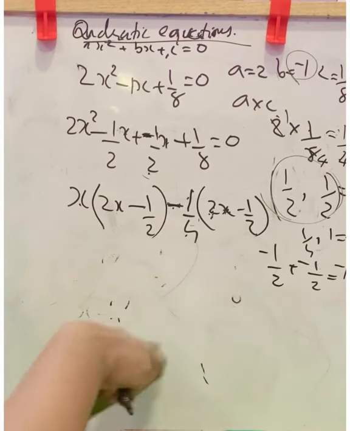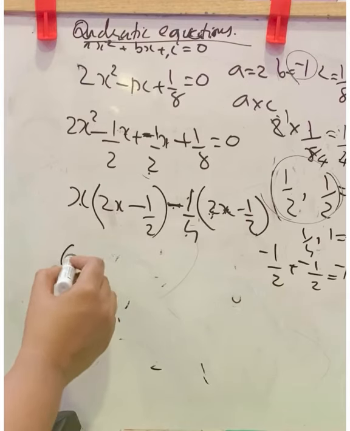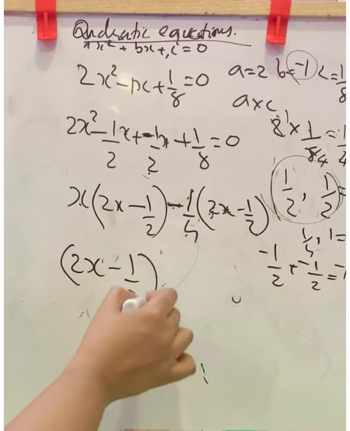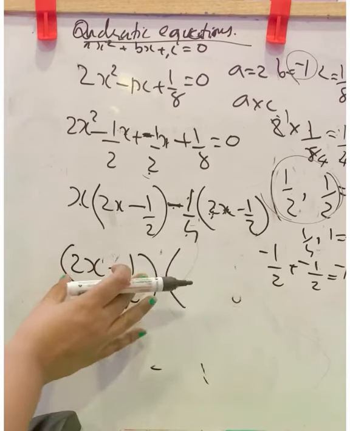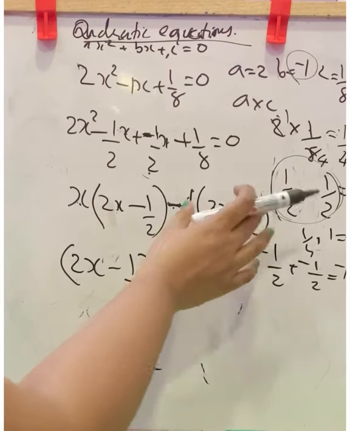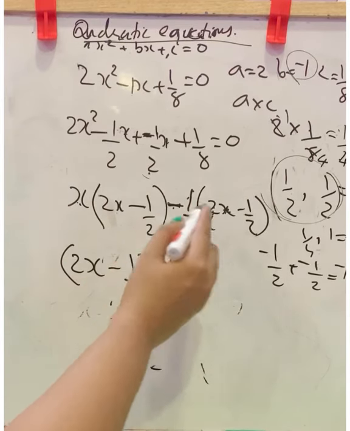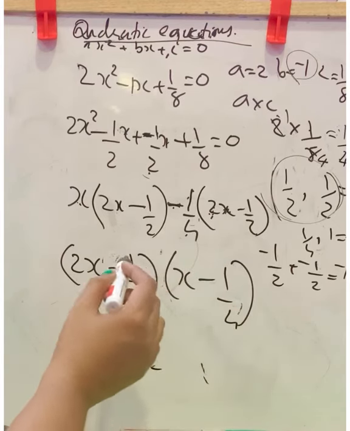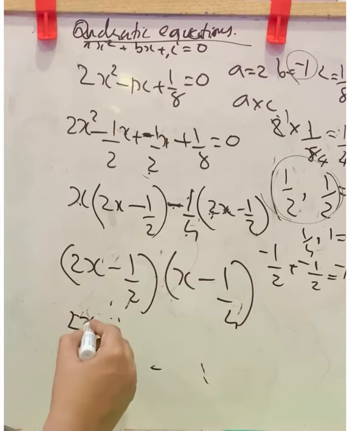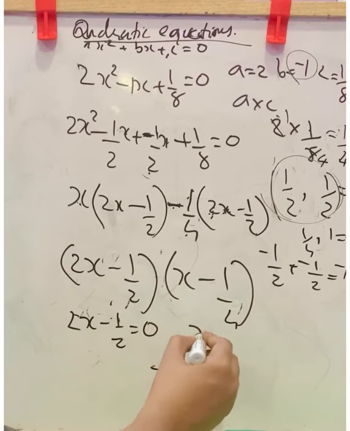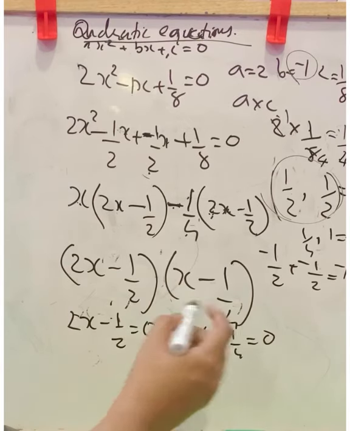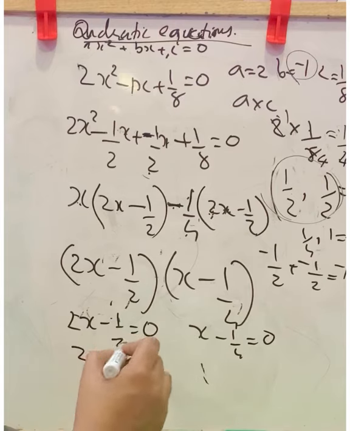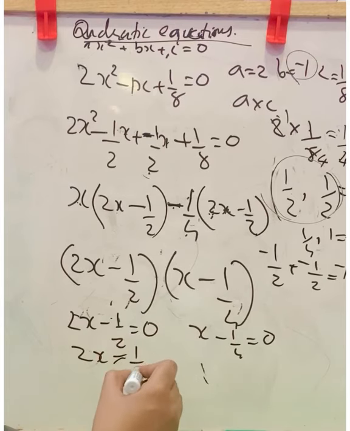Now we have this bracket common, take it outside, 2x minus 1 by 2. Here, when this is taken, x is there. Here this bracket is taken, the rest will be minus 1 by 4. Now equate these terms to 0. 2x minus 1 by 2 equal to 0 and x minus 1 by 4 equal to 0. Keep 2x here, minus 1 by 2 going to RHS becomes positive 1 by 2.